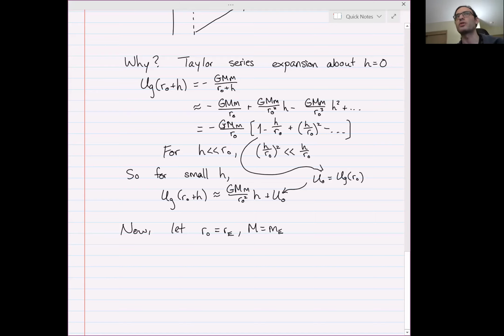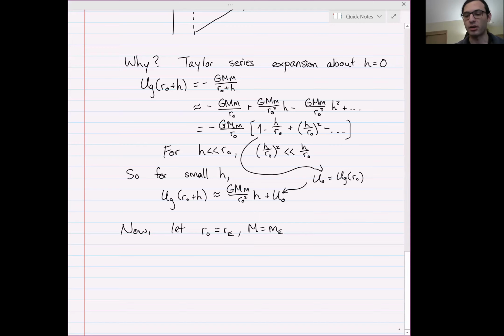We're going to work in the specific case where we are approximating the gravitational potential energy of an object near the surface of the Earth, i.e. when slightly above the surface of the Earth, h units above the surface, which would be r naught plus h units from the center of the Earth.